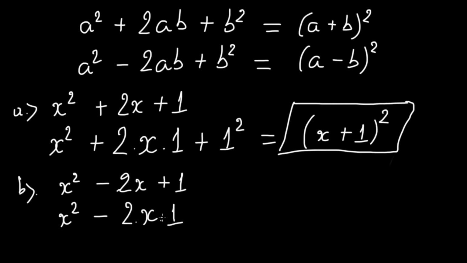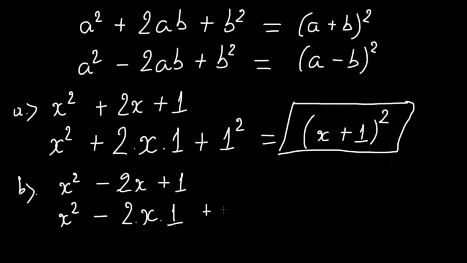The reason why I write like this is because the second problem looks very similar to the formula above. So we need to write down 2 times x times 1 to get into the form like minus 2ab right here. And we notice a in this case is x, and b is 1.